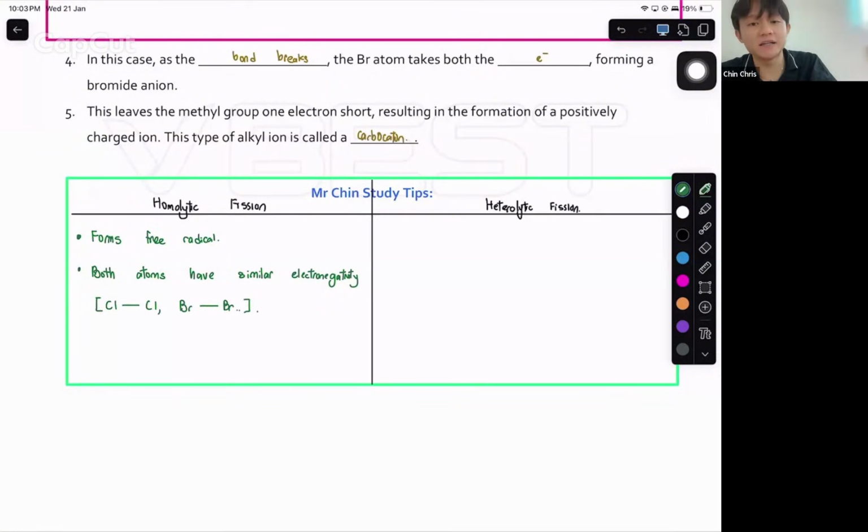They have similar electronegativity, so they will undergo homolytic fission. Okay, please write it down.